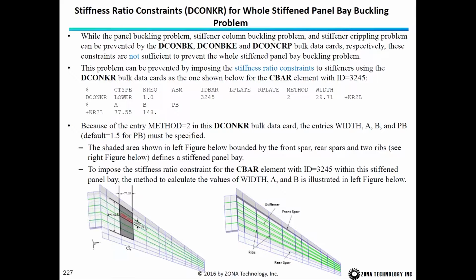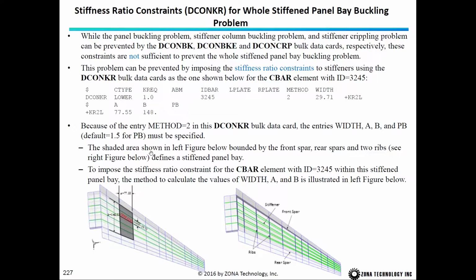The A is the width of the panel bay. 148 is the length of the panel bay, and because of the entry method 2 in the DCONKR card, the entries are width A, B, and PB. PB is a post buckling factor. Default is 1.5. Must be specified.